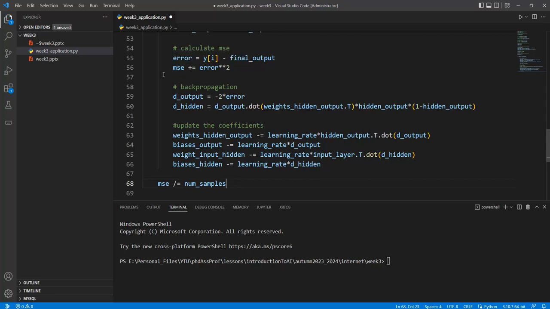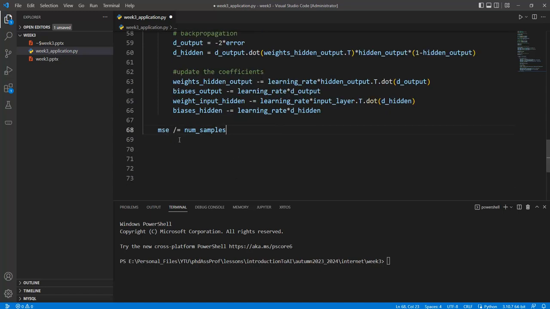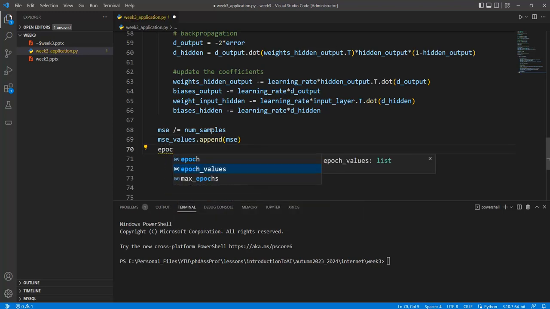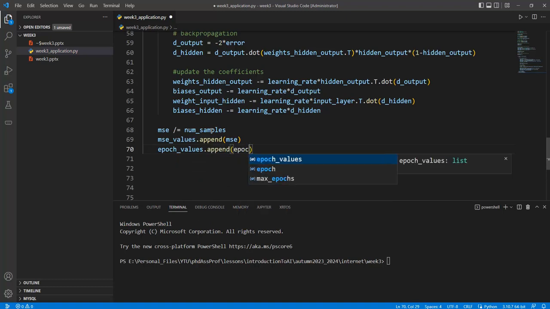After this batch loop is done, we move on to the next epoch. The MSE values list appends MSE, and epoch values appends epoch.